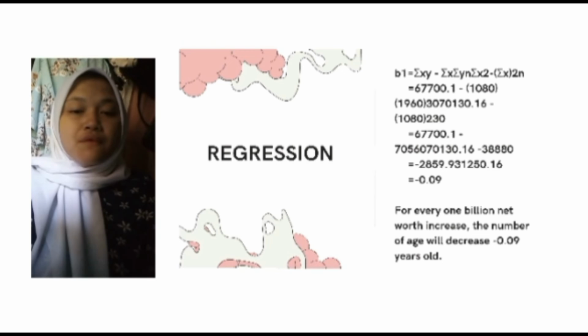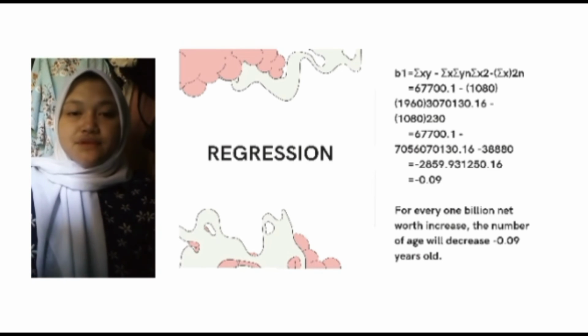So for every 1 billion net worth increase, the age will decrease by 0.09 years old.